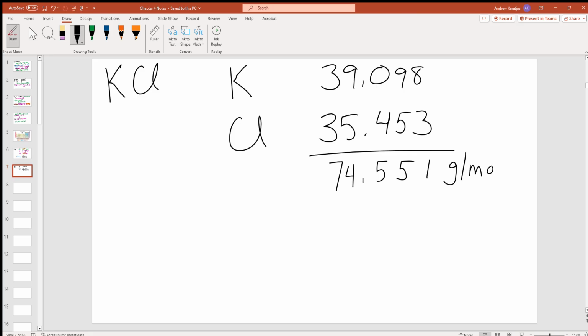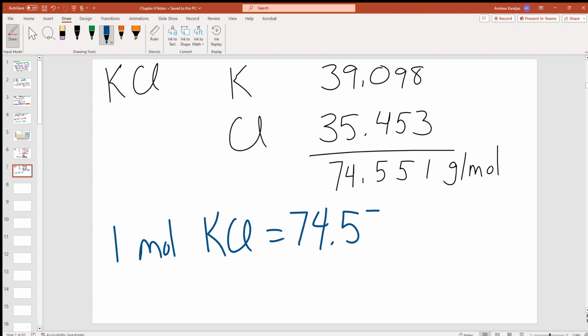And we get our molar mass for potassium chloride. Another way to think about what we've now said is we've now said in this case 1 mole of KCl equals 74.551 grams of KCl.